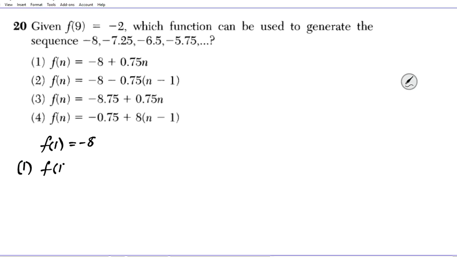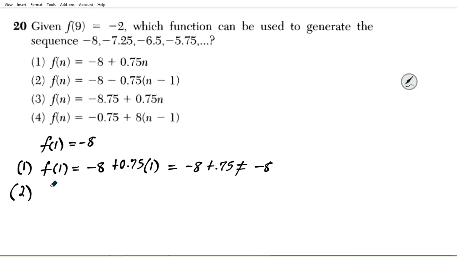F of 1 for option 1 is going to be negative 8 plus 0.75 times 1. That's going to be negative 8 plus 0.75, and that is not negative 8. Okay? Number 2, let's test the second option, f of 1.